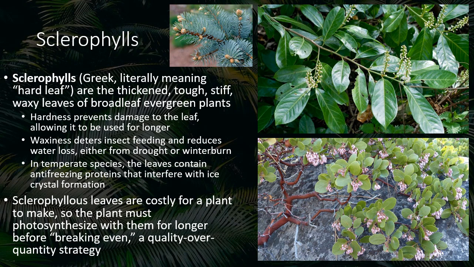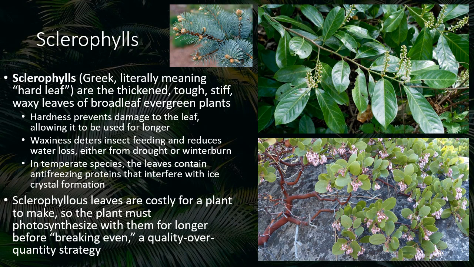If there is a drying, cold, dry wind, and the water is frozen so the plant can't replace water lost by transpiration, that wax is going to help prevent moisture loss and reduce the risk of winter burn. In species which inhabit deserts that have sclerophylls, for example, this manzanita, which is the shrub in the bottom image, the reason they have a thick waxy cuticle is to prevent water loss during drought. But both of these are broadleaf evergreen plants.